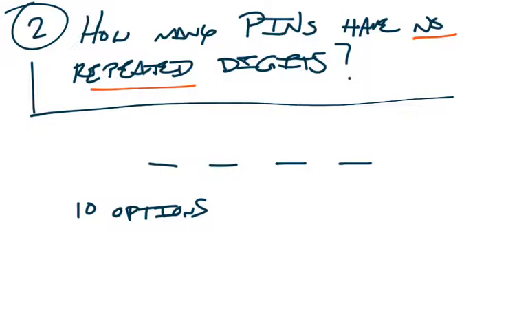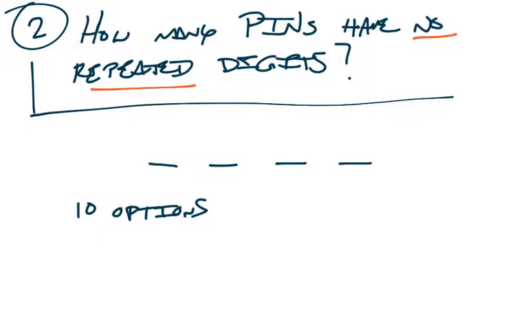So for instance, the pin 1021 would not be allowed because it had 2 ones in it. So 1 is a repeated digit. Something more extreme like the pin 4444 would definitely not be allowed because that's entirely repeated digits. Okay? So an example of a pin that would be allowed would be something like 1234.